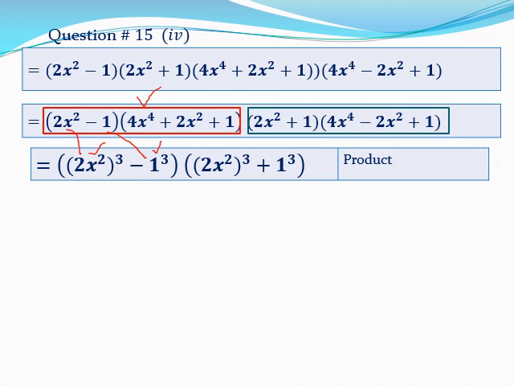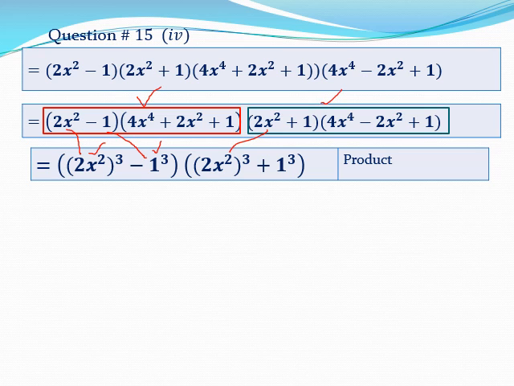So this is cube of 2x square minus cube of 1. In the second group, the first term is 2x square, so cube of 2x square plus cube of the second term, that is 1.